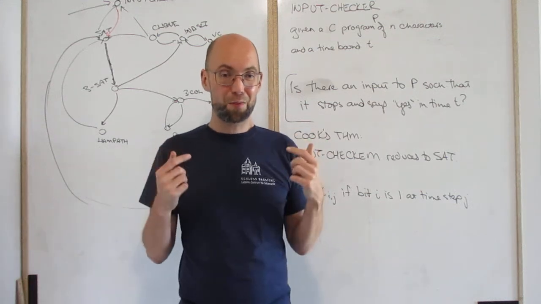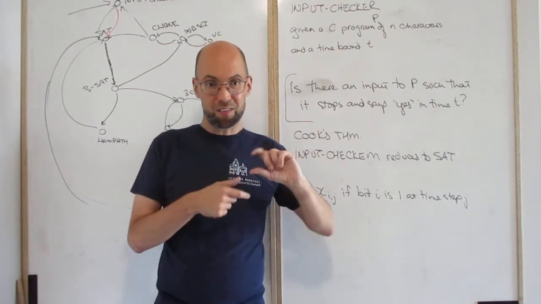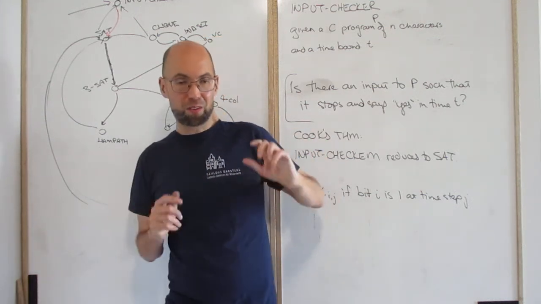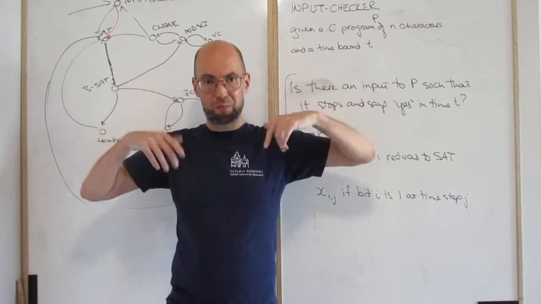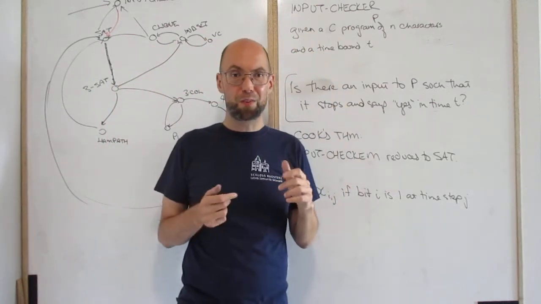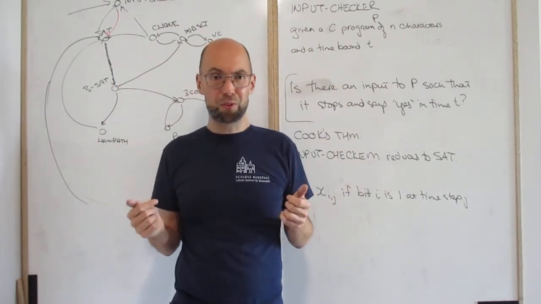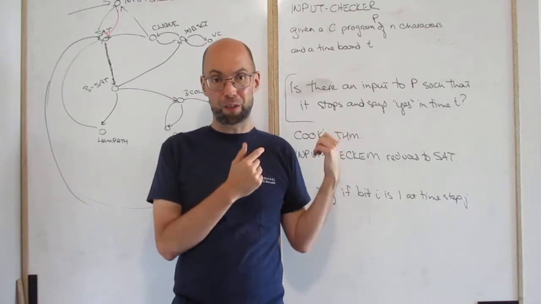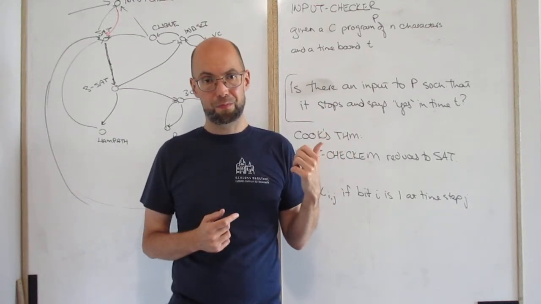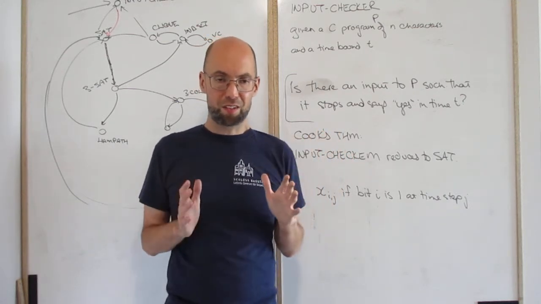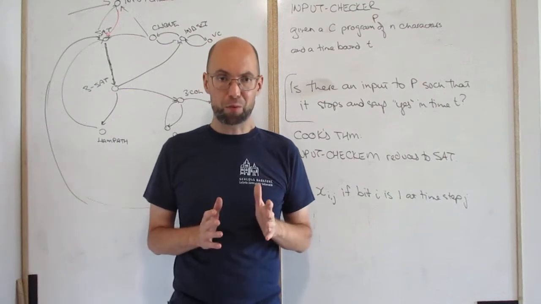Well, yes, if and only if you can set these variables to make the formula true, if and only if you can set the bits in the input so that the program is going to accept. Okay? That's the informal version. It can be made formal.